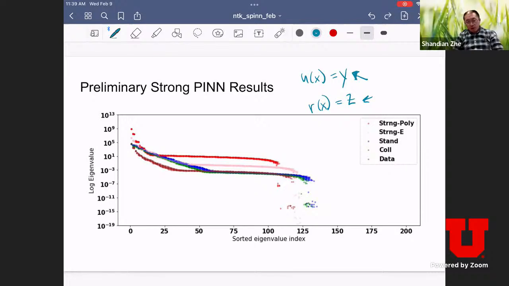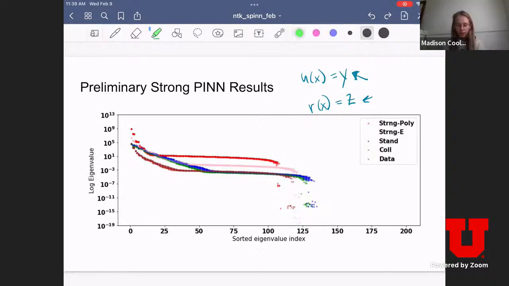Yeah, it looks like, from the NTK, a strong polynomial has a better behavior. Mm-hmm. So based off of this plot, when you compare them this way, that's how it appears. But I was talking with Mike and he said that you can't quite compare them. Like if larger eigenvalues means that the training is better, you can't quite compare that across these different types of PINNs.